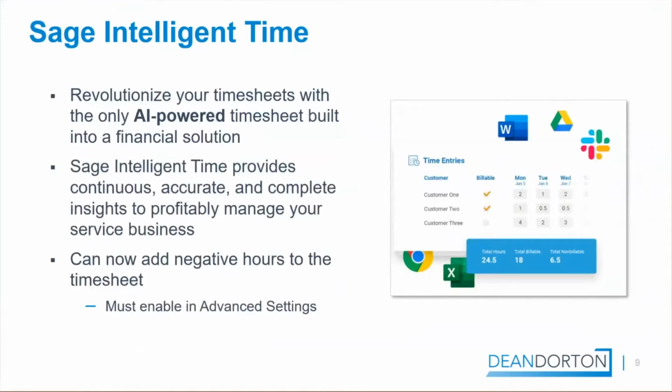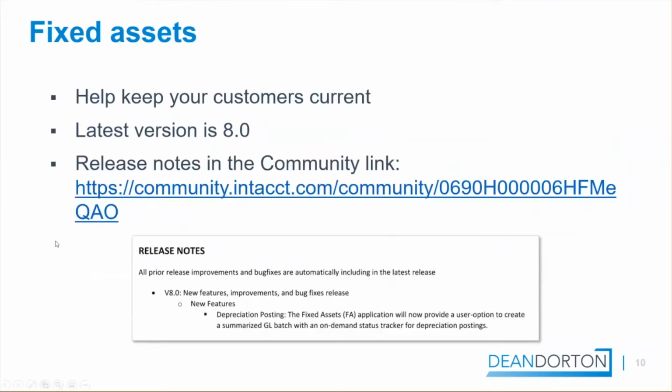It gives you an ability to, for example, sense the time that you work on something, to be able to perhaps parse through your calendar to look for time entries that could be valid, as you see the different icons here for Slack and Chrome and different things like that. There's a lot of potential interfaces there for the AI-powered intelligent time. And again, if you have any questions about that, we'd be more than happy to talk to you about it.